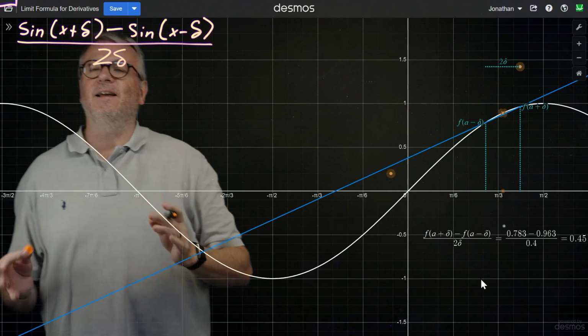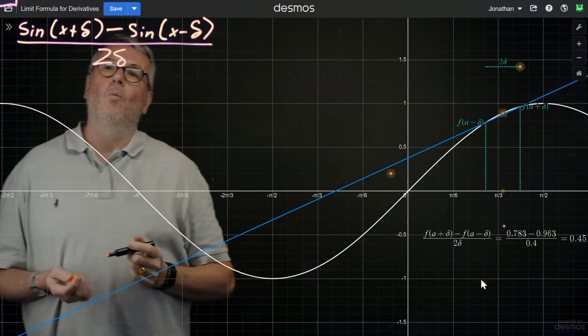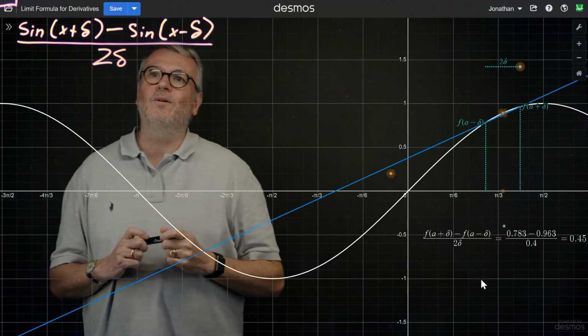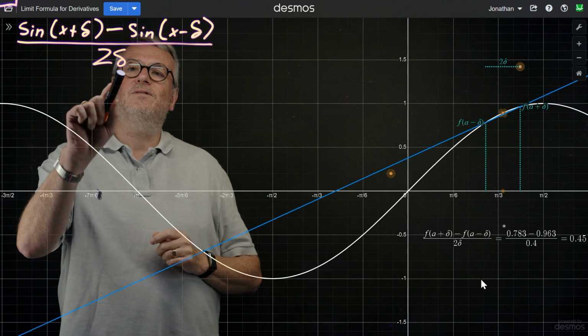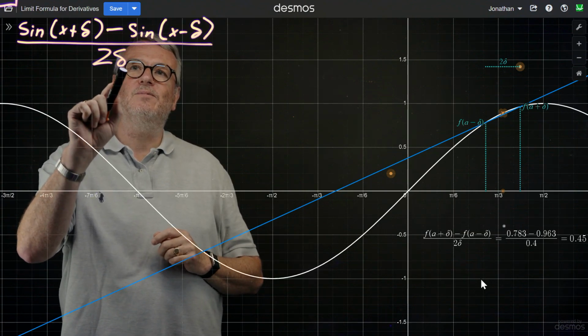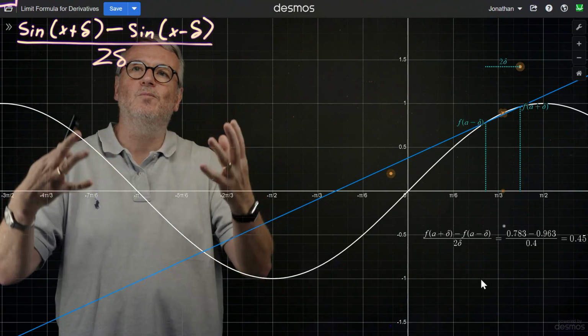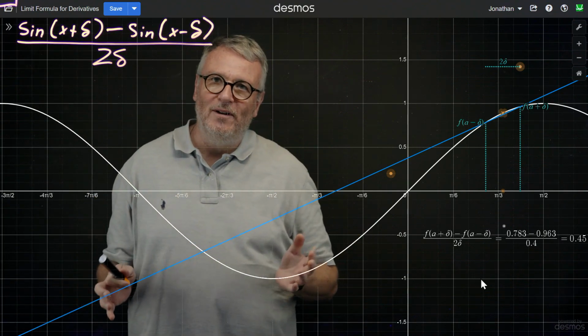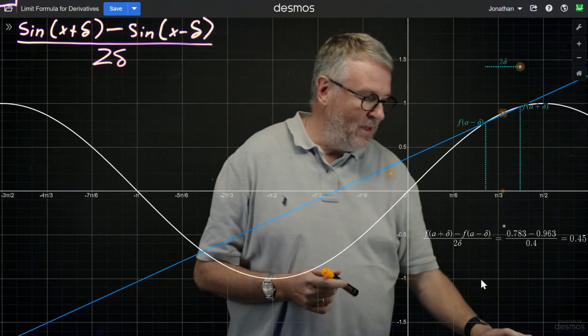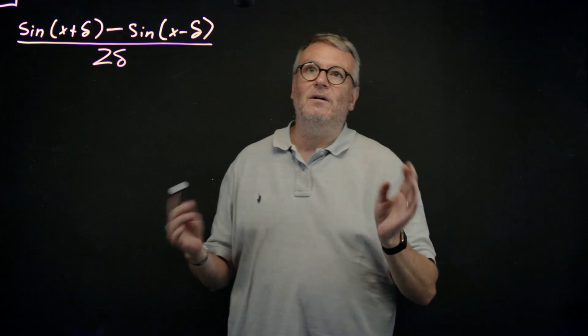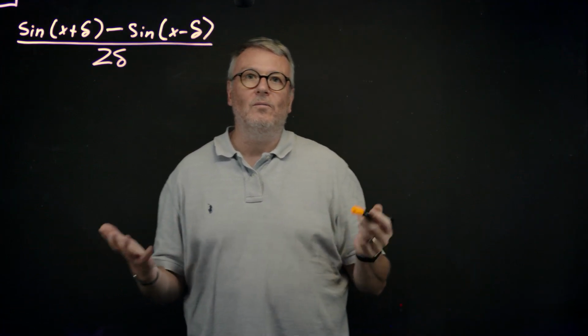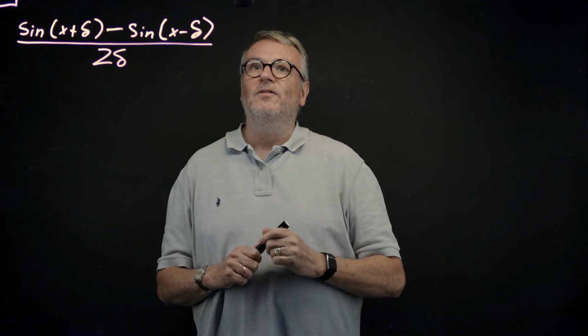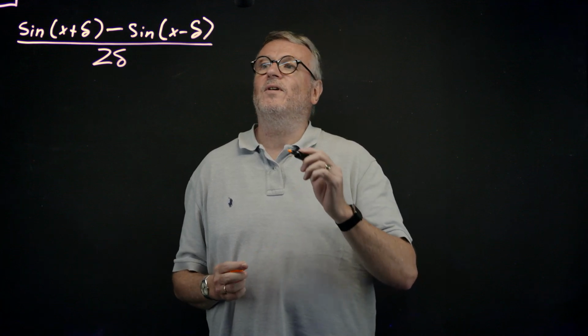That is just the estimate. Now what we really want to do is see what happens when delta becomes smaller and smaller, and becomes actually infinitesimal. Will that allow us to work out what the slope of this function is?